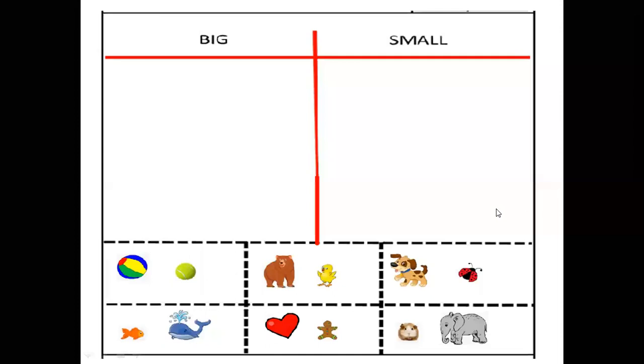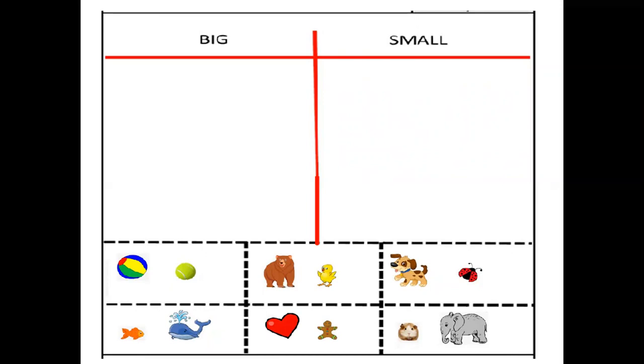Now, after listening to the poem, we are starting our lecture. We are going to do the activities based on small and big objects. What we are going to do now in this activity is separate the big and the small objects.